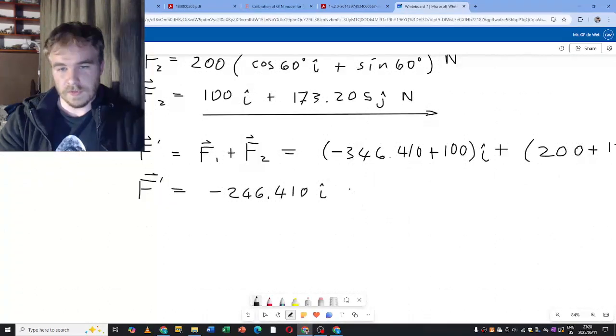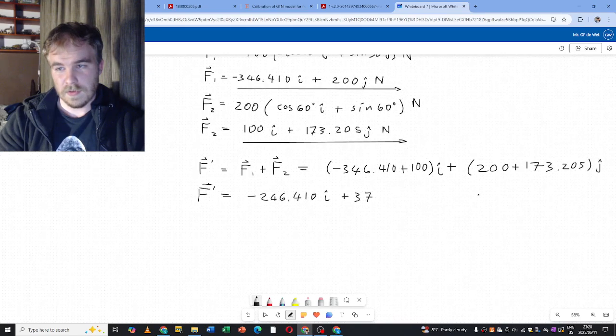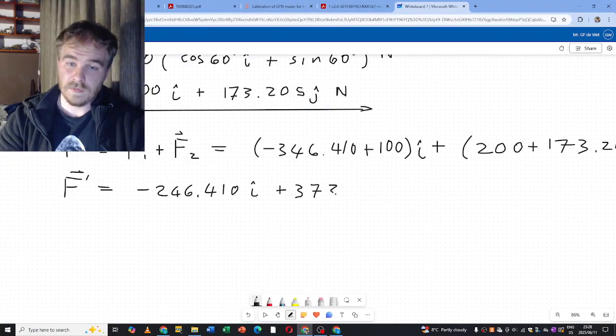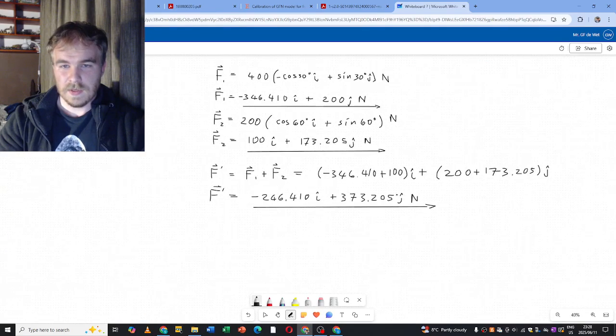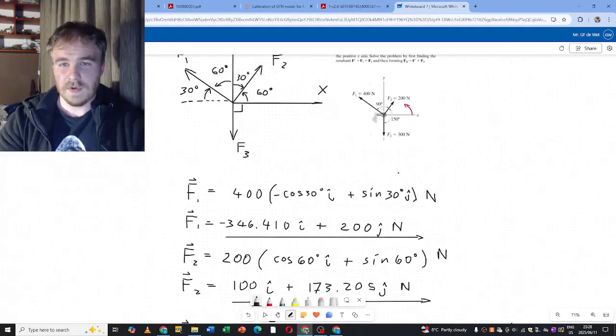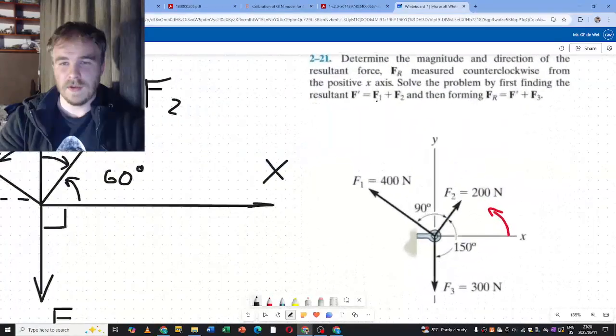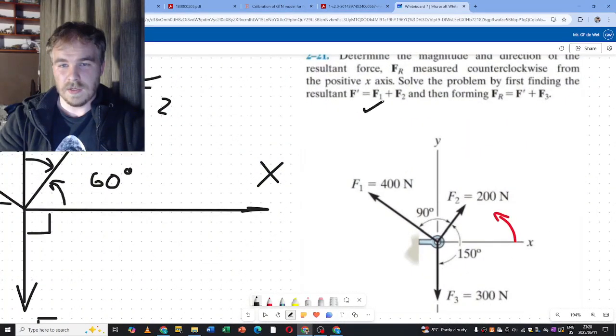This one is positive, this is going to be plus 373.205 in the j direction, and this is all in newtons. Great, so we've done the first step of this problem. I think that one is done.